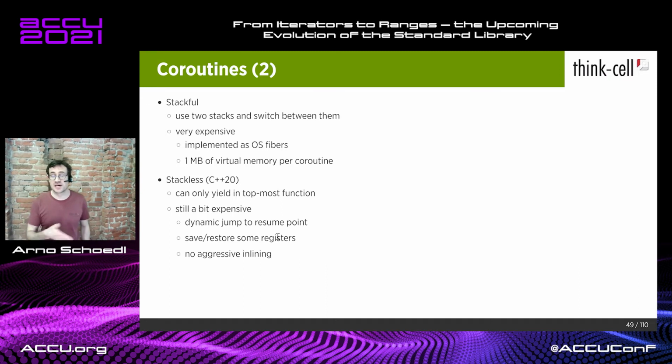You still need to decide, okay, where am I going to continue, and you still need to save and restore some registers, and so the compiler will have more trouble doing aggressive inlining with coroutines. So basically merging these two threads together into one, and being really as efficient as if it would be all one function.